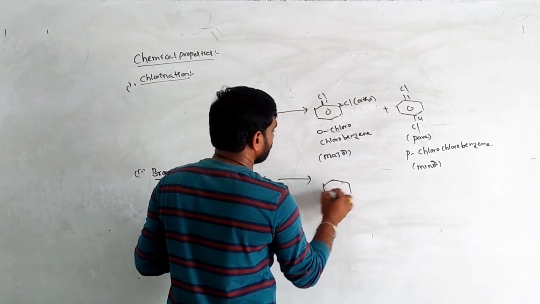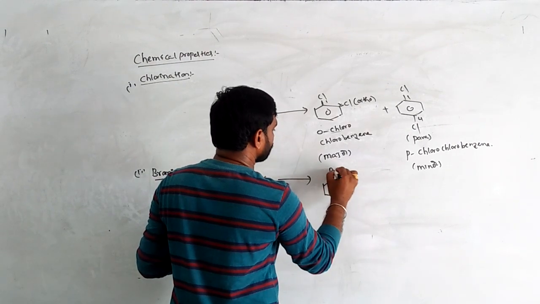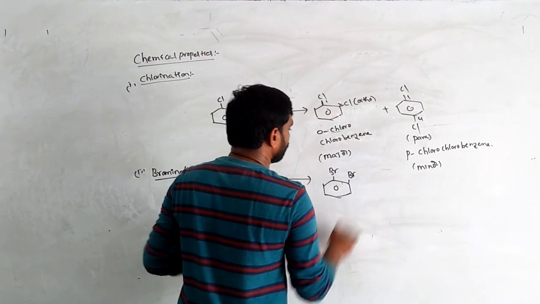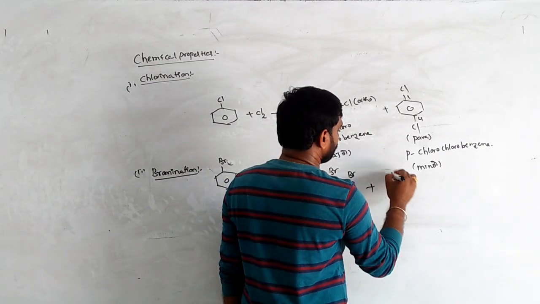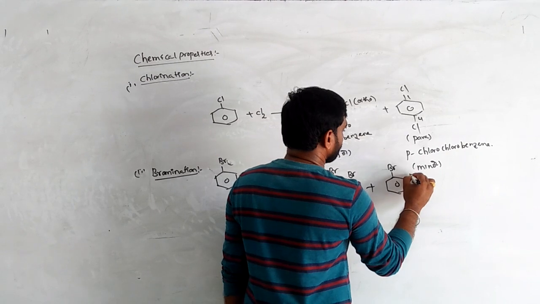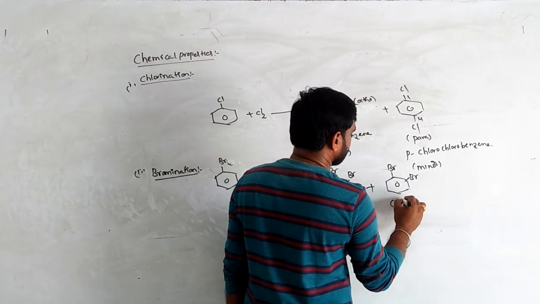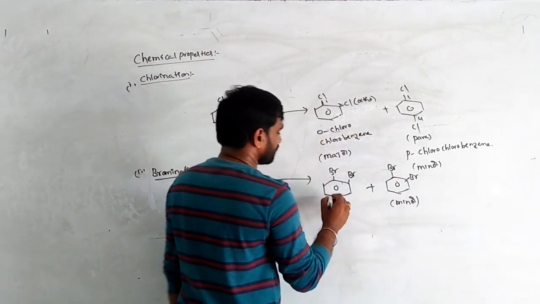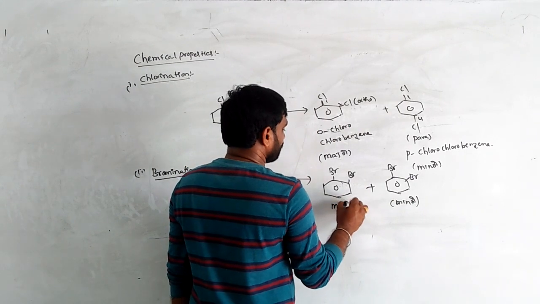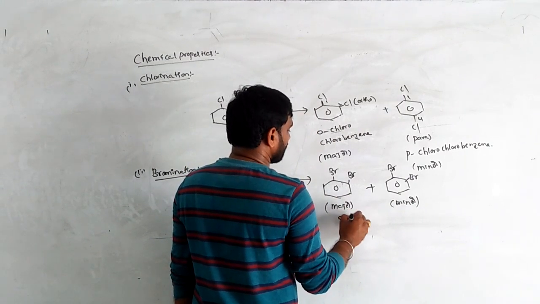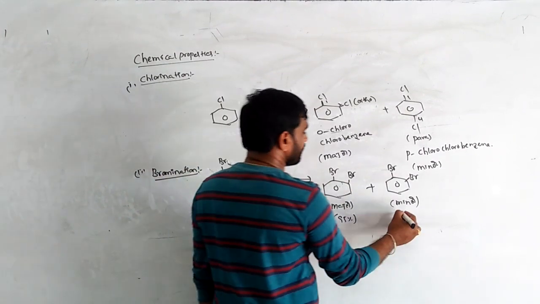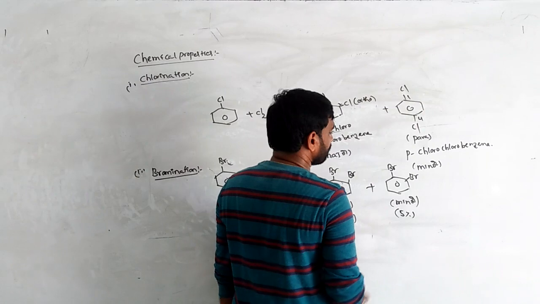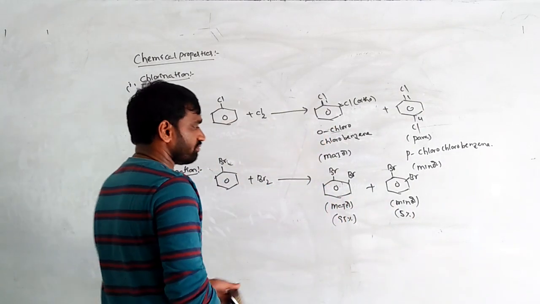One is the ortho product and the other is the para product, which is the minor product. So this is major. Major means 95% of the product is formed and the remaining 5% is formed as minor. So this is minor, this is major.